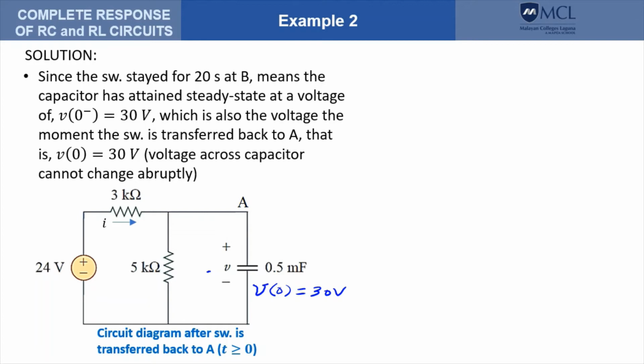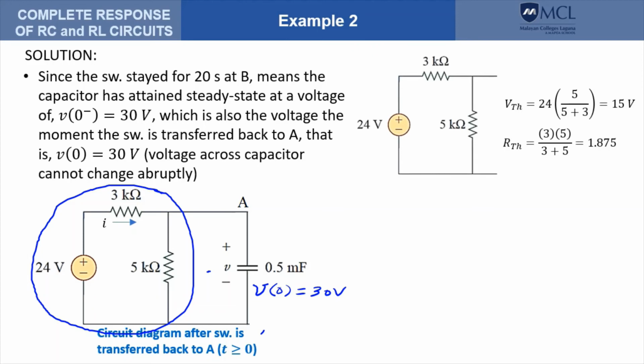we notice that the circuit is not a series RL or series RC circuit, where we can apply the formula for the voltage across the capacitor. But we can take a look at this part of the circuit and replace that by its Thevenin's equivalent. So to do that, we isolate that part of the circuit and determine the Thevenin's voltage and resistance.